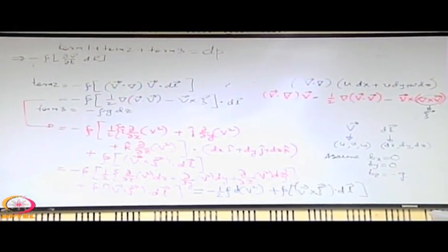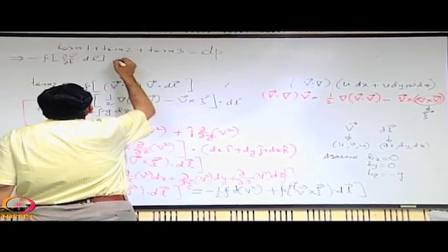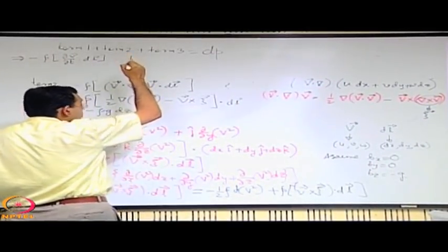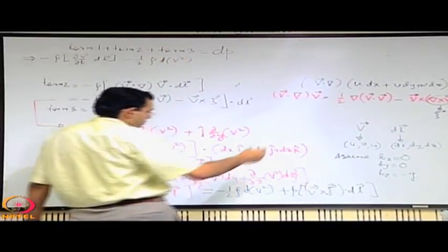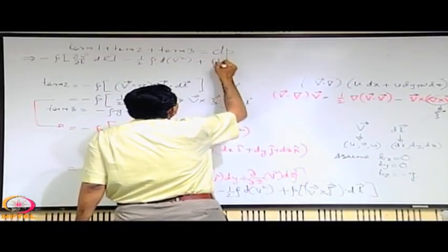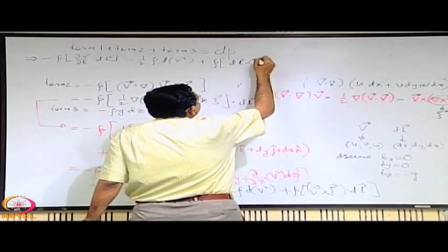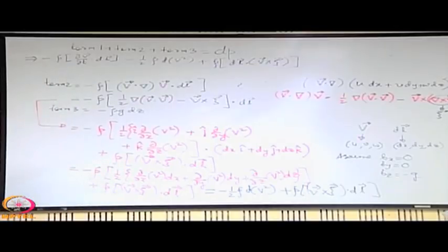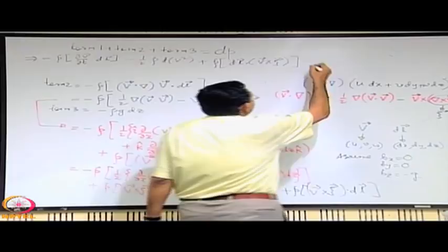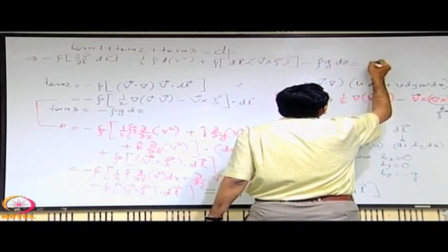Then in place of term 2 we will write minus half rho dv square plus rho, maybe let us write dl dot v cross zeta, that is the term 2, and term 3 is minus rho g dz is equal to dp.